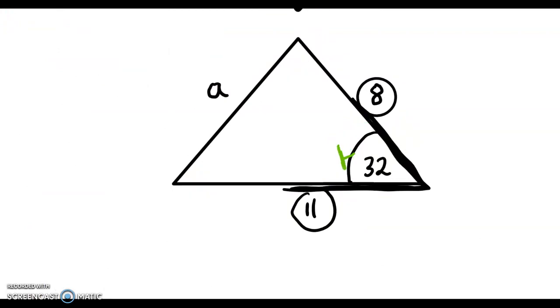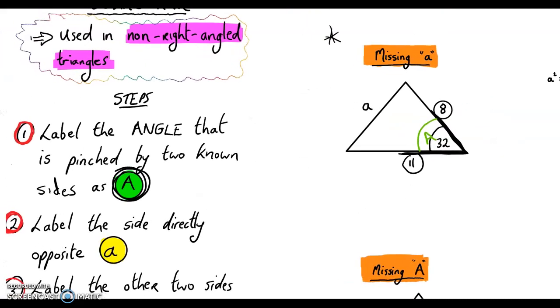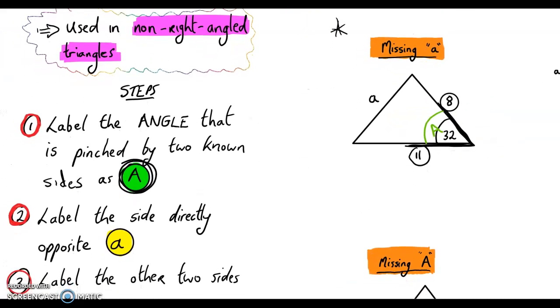We're going to call that angle A right there. Okay, so let's just go over that step again. Label the angle that is pinched by two known sides as A, capital A. Now we've just done that.